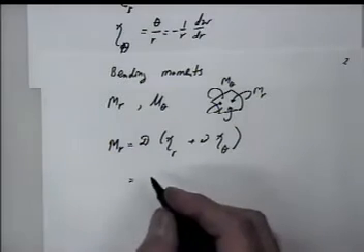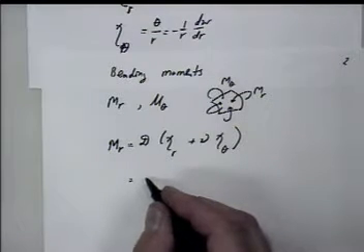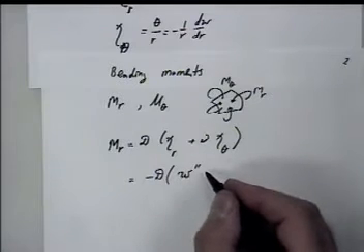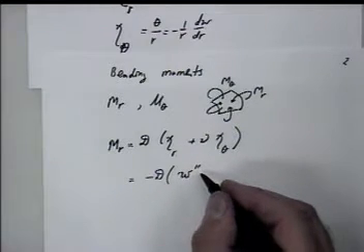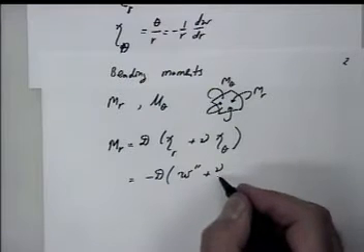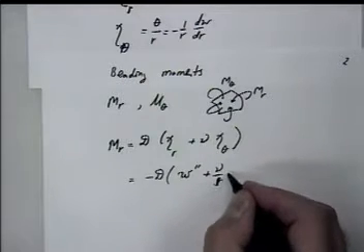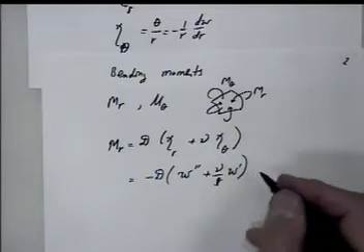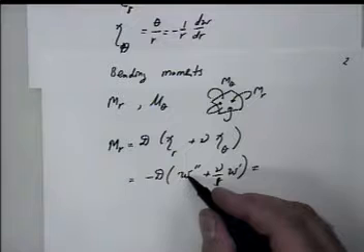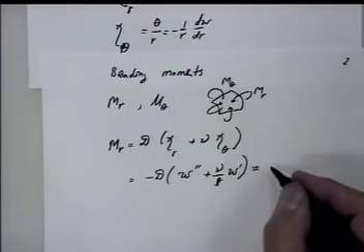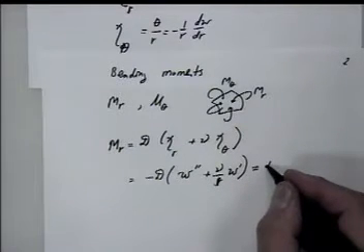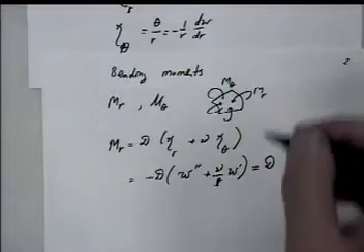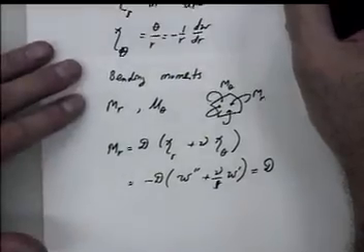Therefore, we are writing that this equals minus D w double prime, that is derivative with respect to r, plus nu over r w prime. But w prime is expressed with theta, so first derivative with respect to r is theta, so that equals D. So maybe it's not a very good notation.